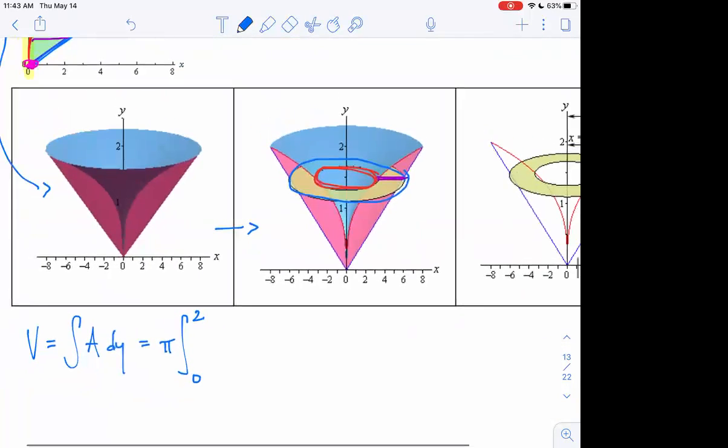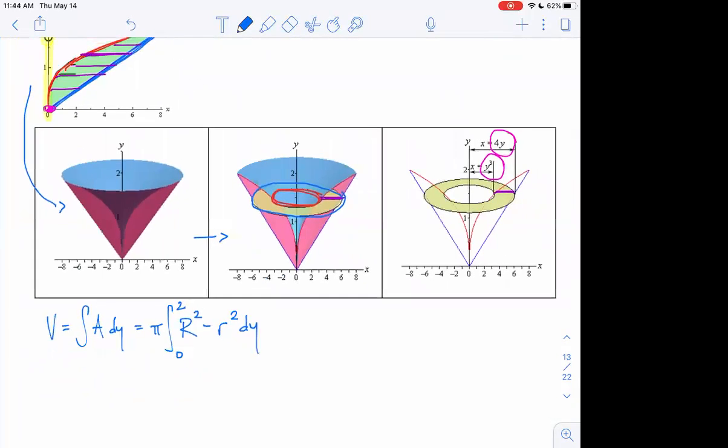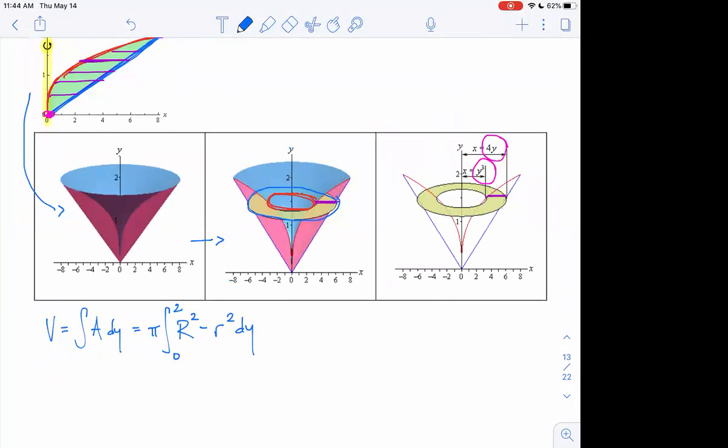So now I know from my diagram that I'm going to need the washer method because there's a hole scooped out of my cone. So I'm going to write big R squared minus little r squared dy. Okay? And now I'm going to use these equations where they already solved it for y for me.